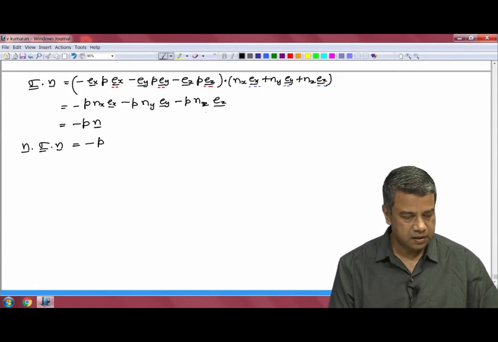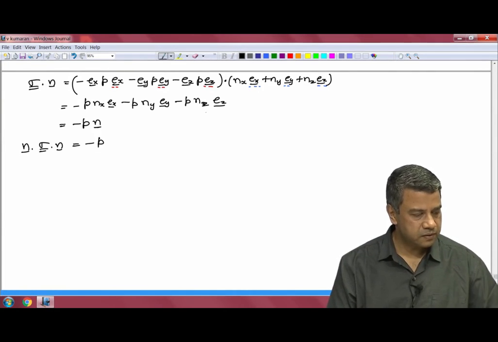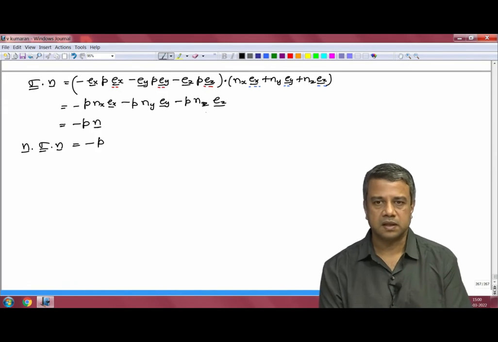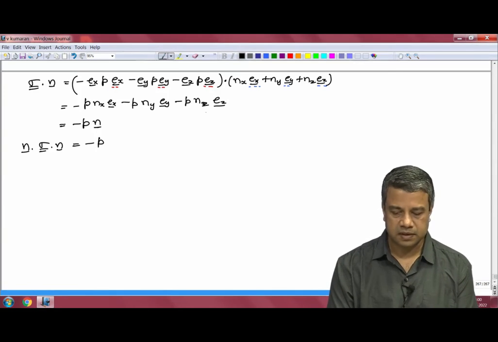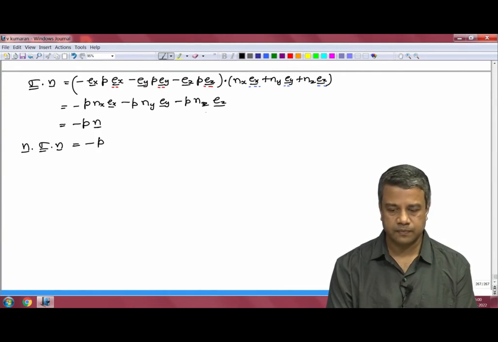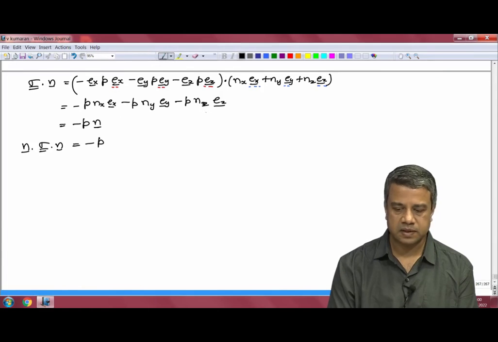So, I have discussed the stress tensor for you, some of its properties, the fact that it has to be symmetric. In the absence of flow, you have an isotropic pressure.